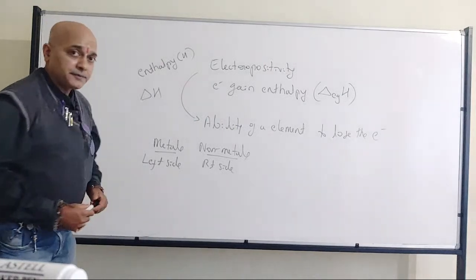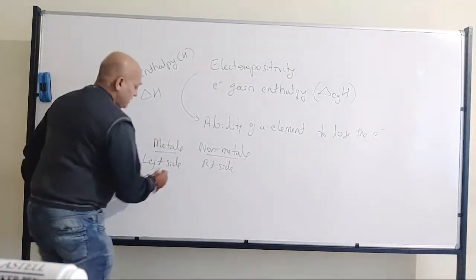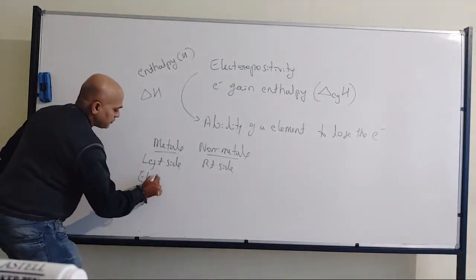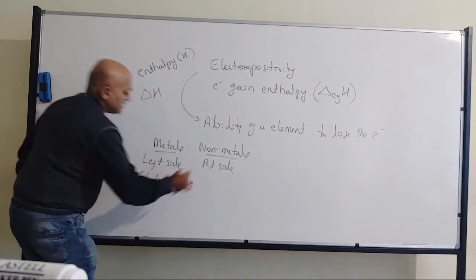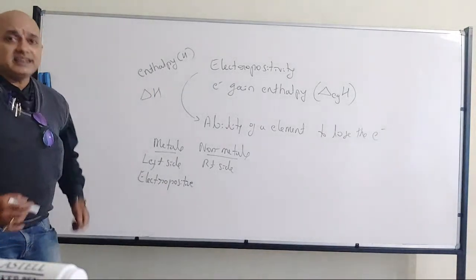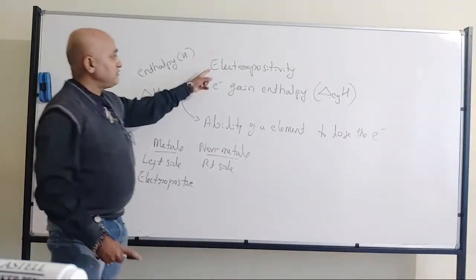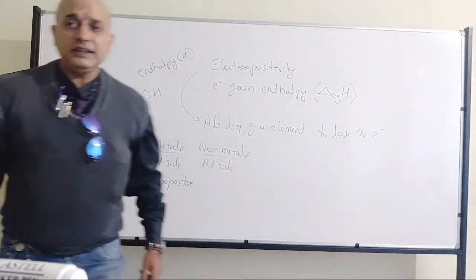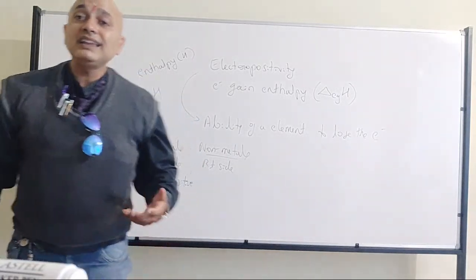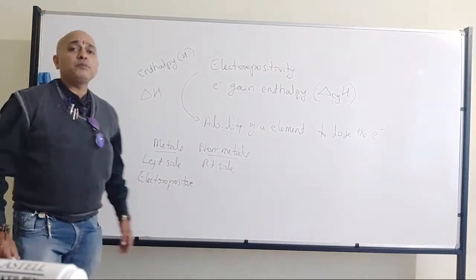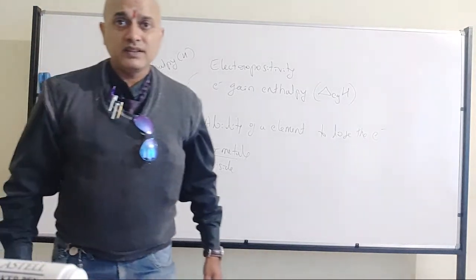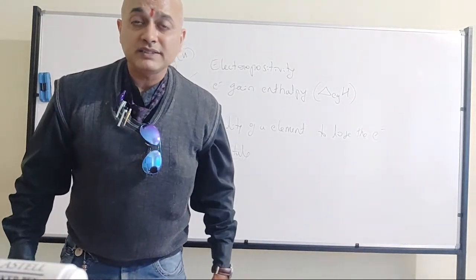Now when it comes to metals, they are electropositive in nature. So due to that, alkali metals and alkaline earth metals are all highly electropositive, even compared to transition metals.